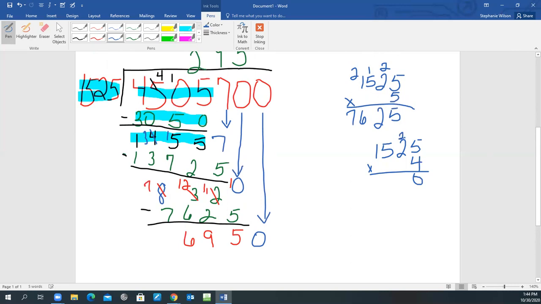Carry the 2. 4 times 2 is 8, plus 2 is 10. Carry the 1. 4 times 5 is 20, plus 1 is 21. Carry the 2. 4 times 1 is 4, plus 2 is 6. Yeah, that's going to be our number. So now we're going to bring the 4 up here. And let's subtract our 6100.